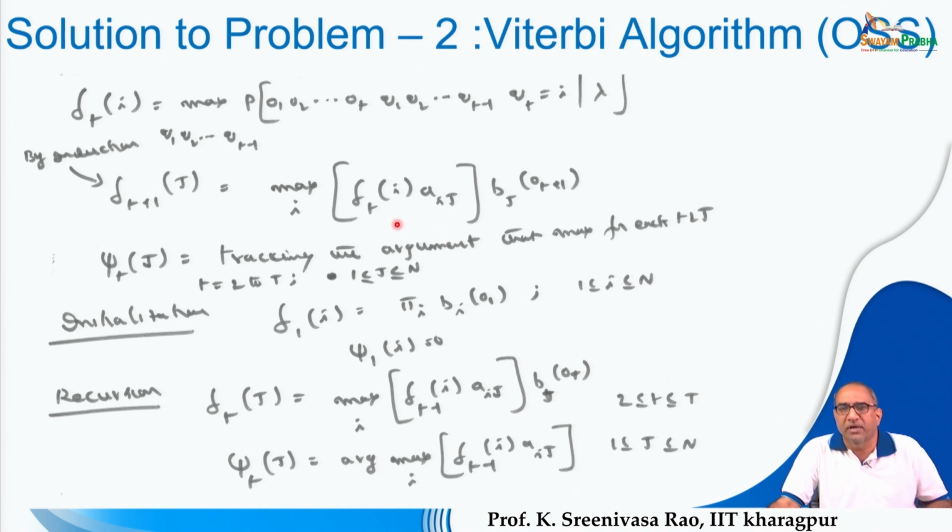For that we use induction recursively: delta t of i and then the transition probability a i j. In the previous time instant, there are n possibilities, and out of these n possibilities we take whichever product is the maximum. From that particular state we need to reach state j in the next time instance. So, what is that maximum i?